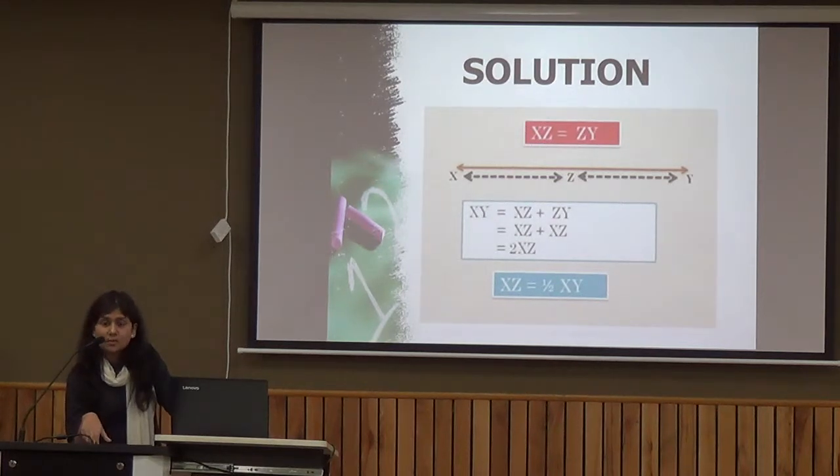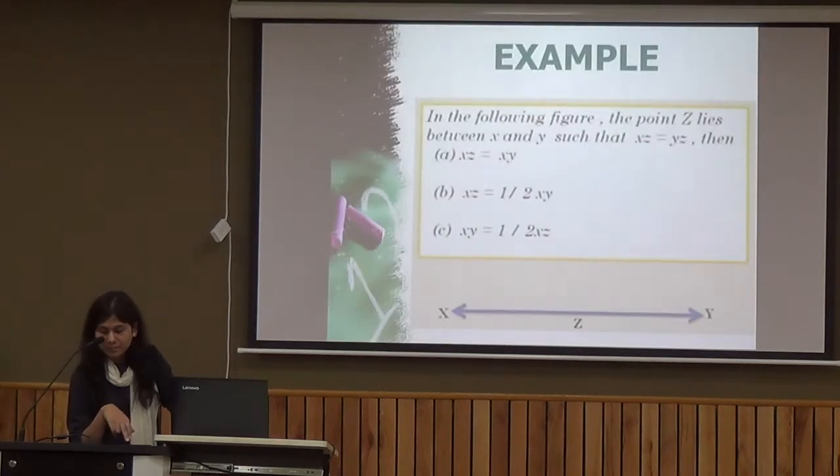So what do you get? XY is equal to 2 times XZ. Now, taking 2 to the other side of the equal sign, what do you get? XZ is equal to half of XY. So which option is correct? XZ is equal to half of XY, that is, part B is correct.